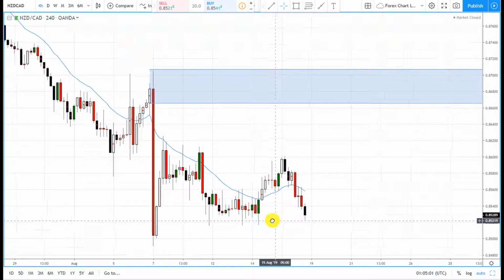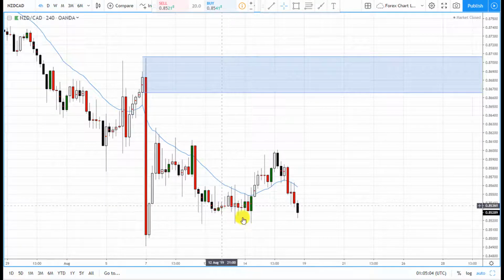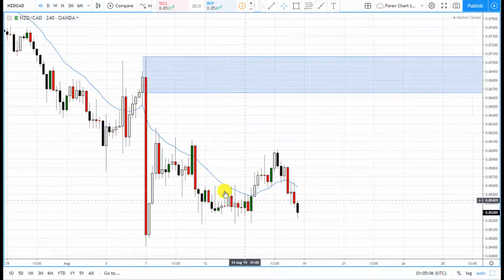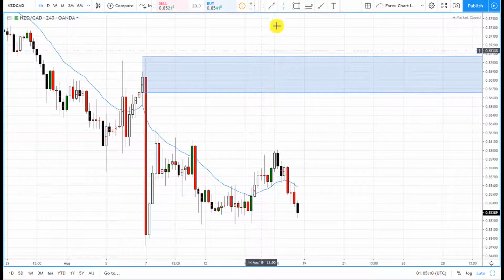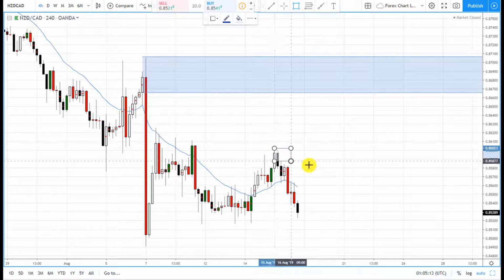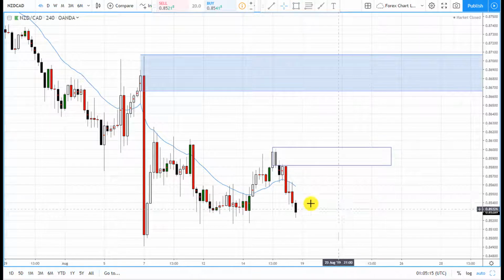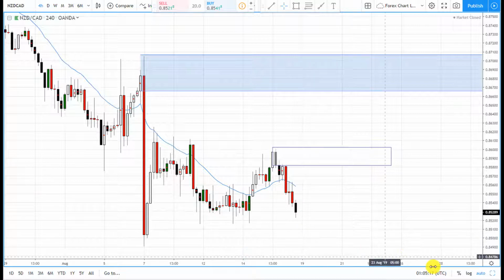But I would say that this is not demand, because this is just all compression. This could be supply. So it did a drop, base, drop, base, drop.